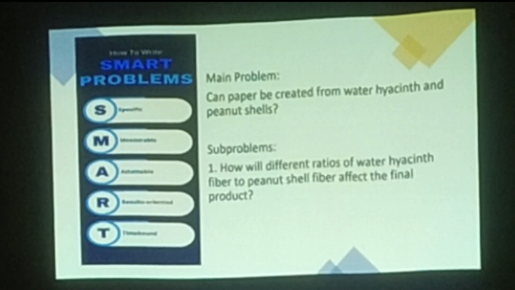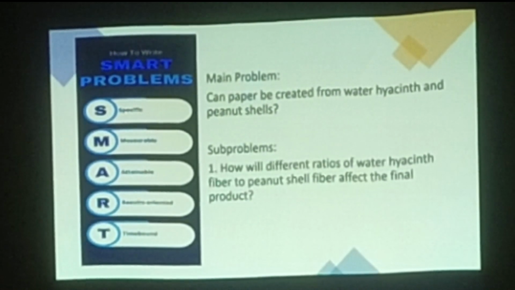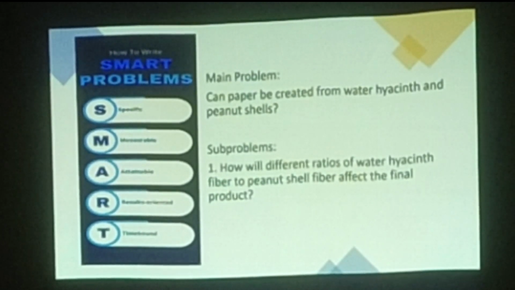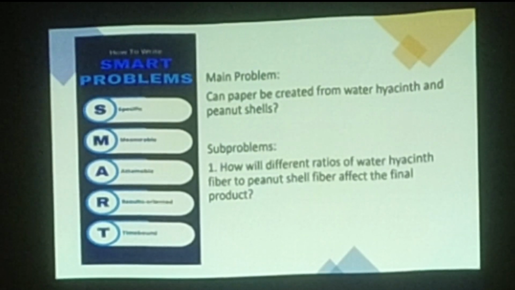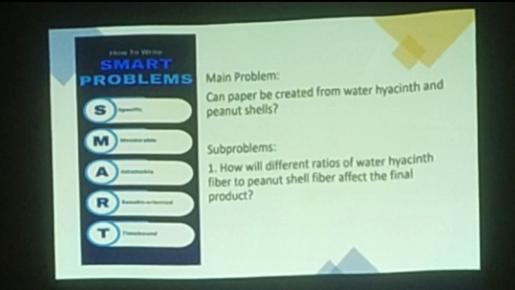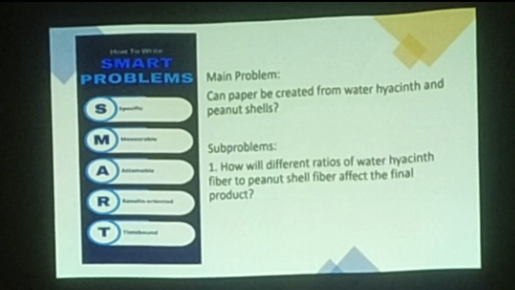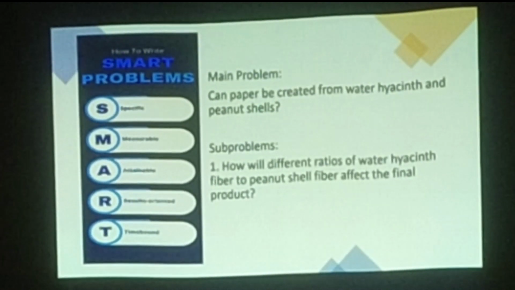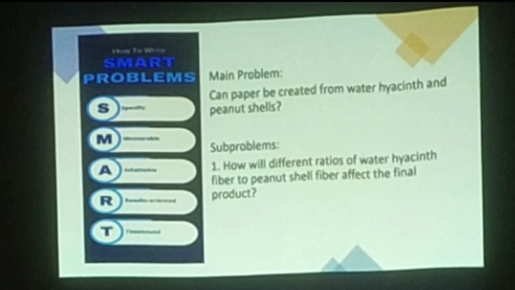Now, is there something wrong with it, or are you okay with it? How will different ratios of water hyacinth fiber to peanut shell fiber affect the final product? Let's do the evaluation using the SMART criteria. Is it specific? Specific, yeah. What's specific there?